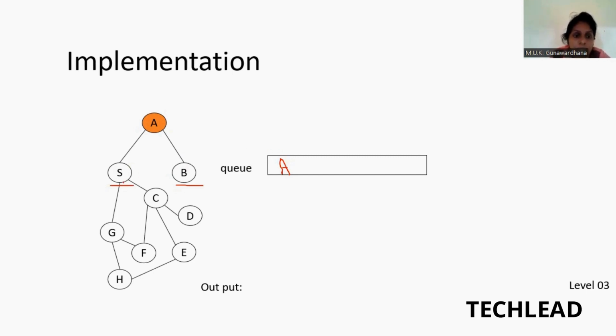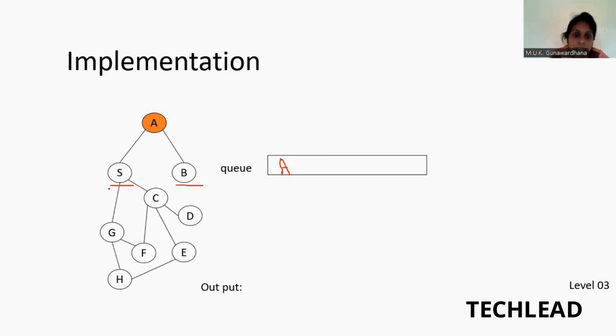When we are inserting many nodes into the queue, we must follow the alphabetical order. Here there are alphabets, therefore we must follow the alphabetical order to insert the nodes into the queue. But if there are numbers instead of alphabets in the graph, we must follow ascending or descending order to insert the values into the queue.